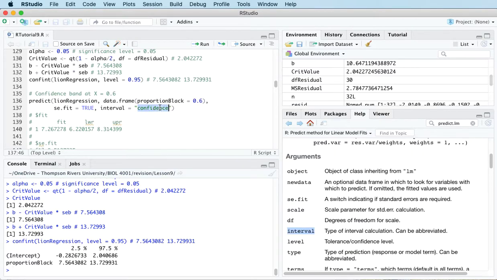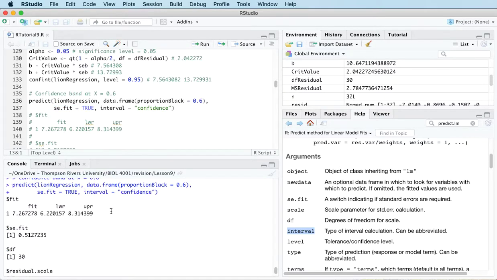So in this case what we want to put in there is confidence. And we're going to set this argument equal to true as well, and that's going to give us a little bit more in our output as well. So let me run that code.